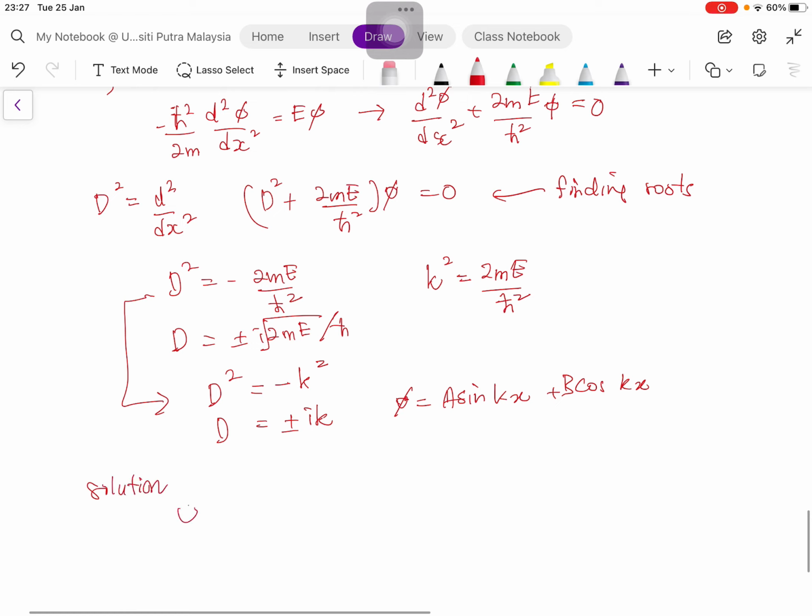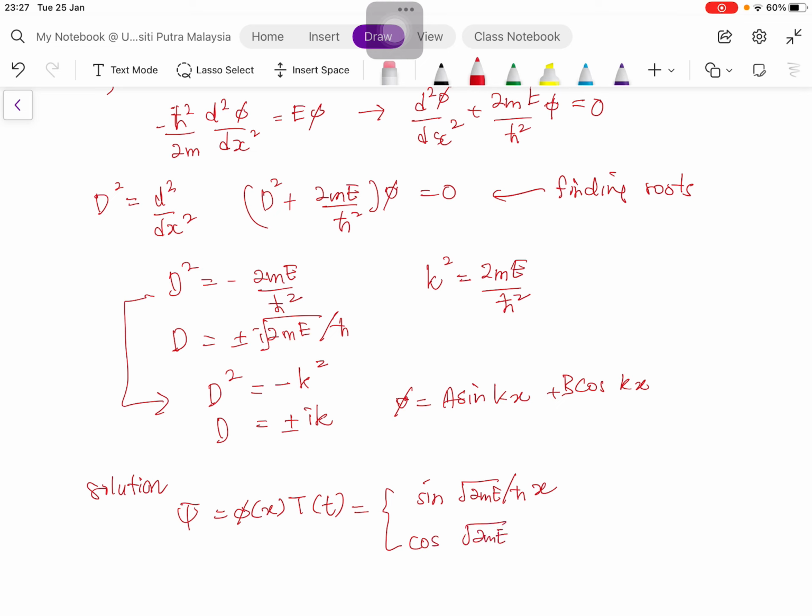So eventually you can write the solution. The solution for your big psi now is phi of x times the function of time t. So if I put k, this k becomes the square root of 2mE over h bar, sin of that times x, and my cos of that times x, and I have the other factor, exponential of minus iEt over h bar.